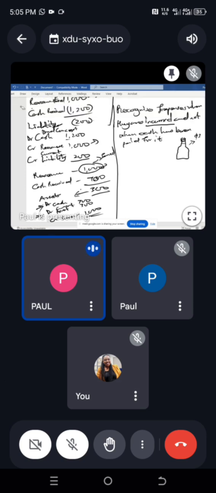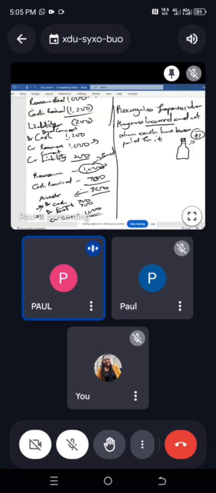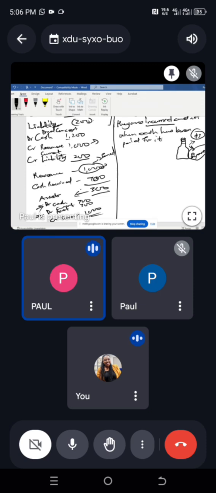But the very moment you open it or even unseal it, the bottle of water loses value. And that loss in value is what we call an expense. Okay, so expense is what? A cost that has been consumed. Please, you understand? Yes. That's an expense.